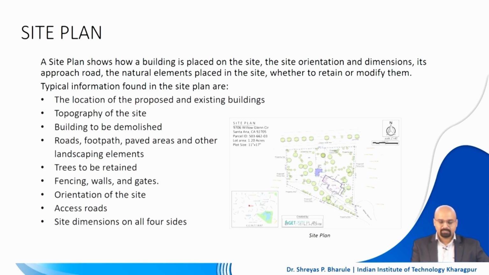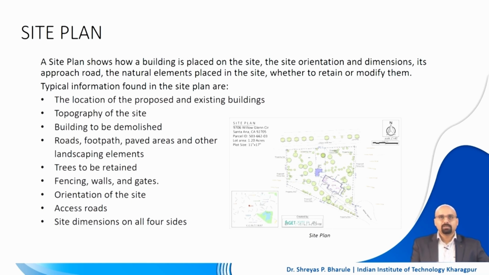So in this case you will represent both the new building as well as the existing building. Next you have to put in the topography of the site: where the contours are, how they look, and what the levels of these different contours are. All of that is to be mentioned.